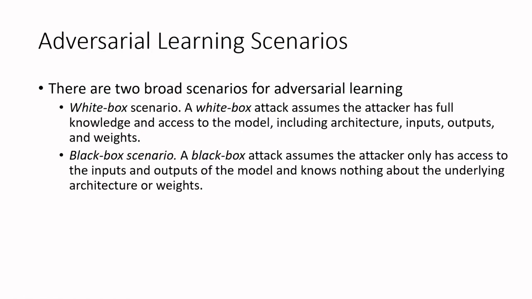In this scenario, we assume that somebody who is trying to create issues for the system or attack the system has full knowledge and access to the model, including the architecture, inputs, outputs, and weights.